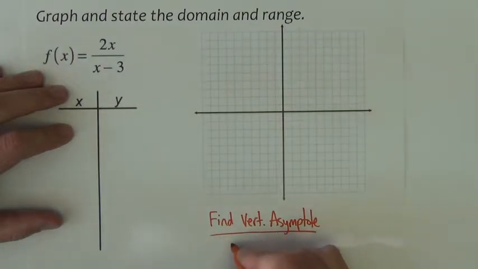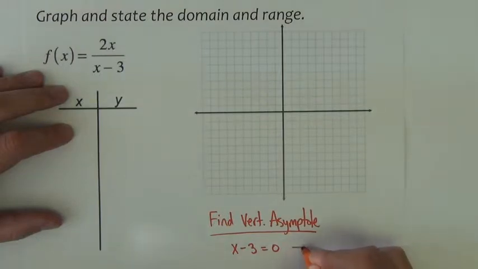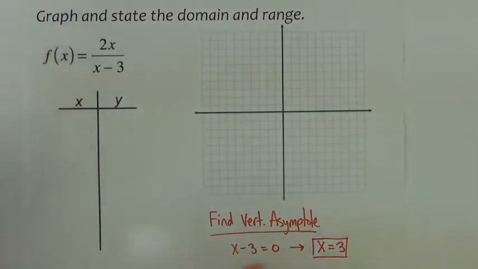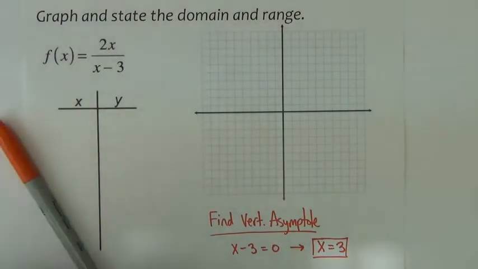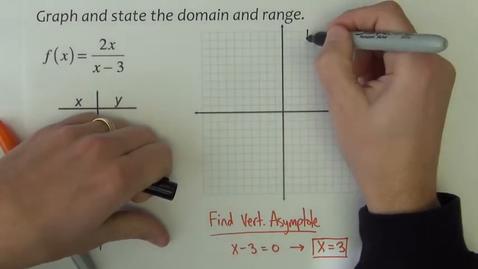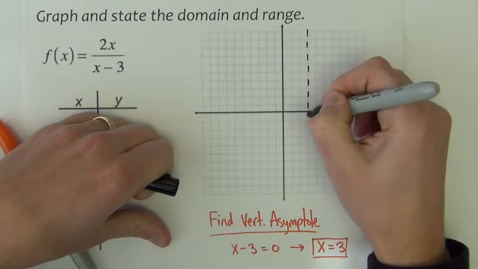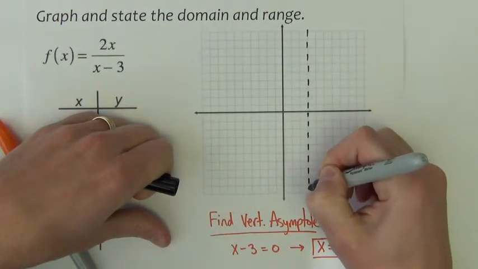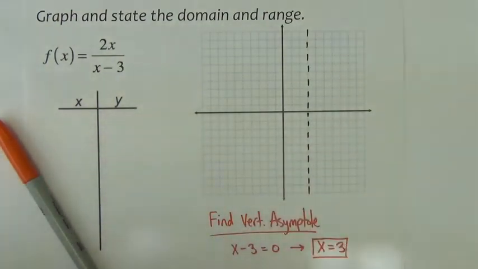All you do is take the denominator of your fraction, set it equal to 0, and solve it for x. This graph is going to have a vertical asymptote at x equals 3. So I go to 3 on the x-axis, and I put a vertical asymptote.